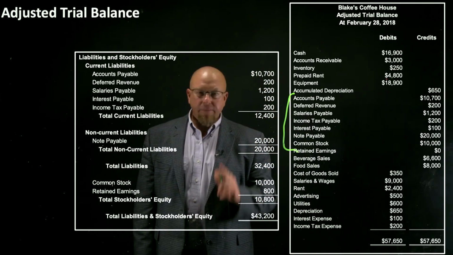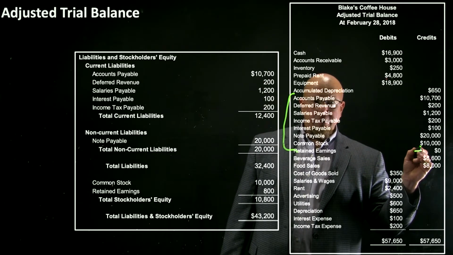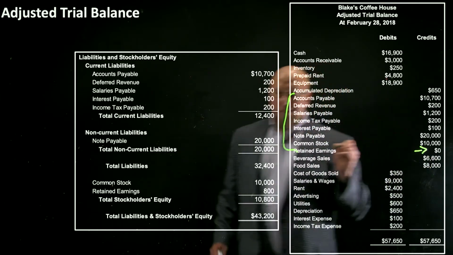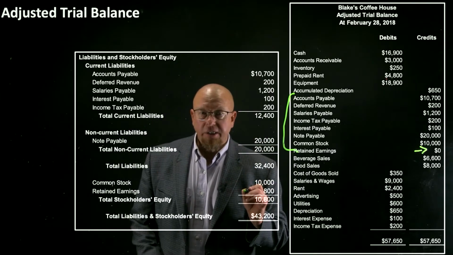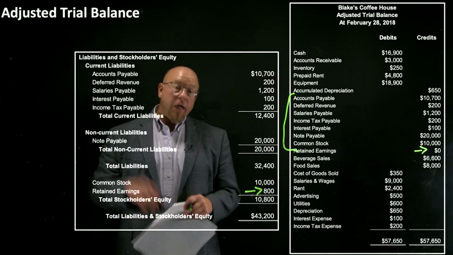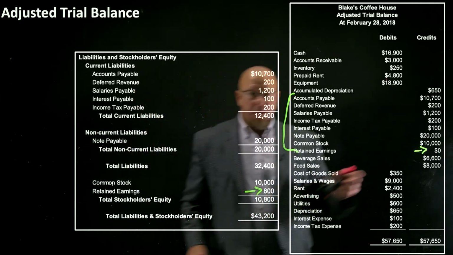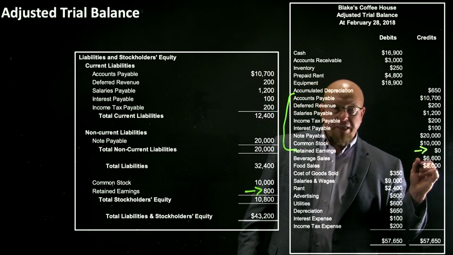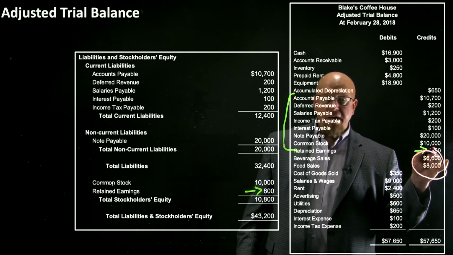But if you're paying attention, you might notice here and say, Chris, the trial balance says retained earnings is 0. Your balance sheet says that retained earnings is 800. Those numbers don't match. And I agree with you, they don't match. But what you have to keep in mind is there's a whole lot of income statement activity here. We've got revenues right there.